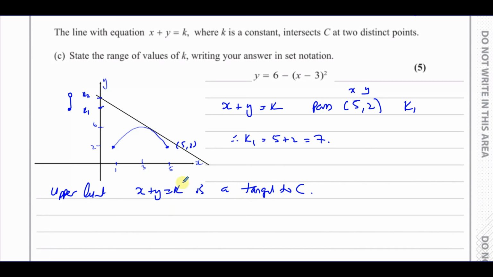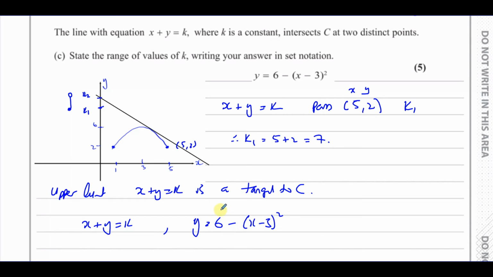When we try to solve these equations simultaneously, we find that there's only one solution. So when x plus y equals k is solved simultaneously with y equals 6 minus (x minus 3) squared.